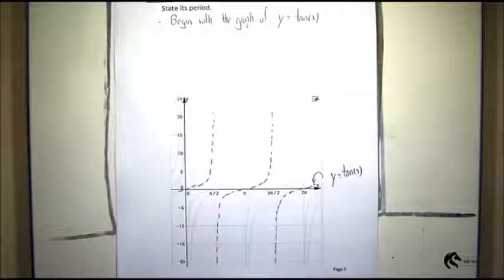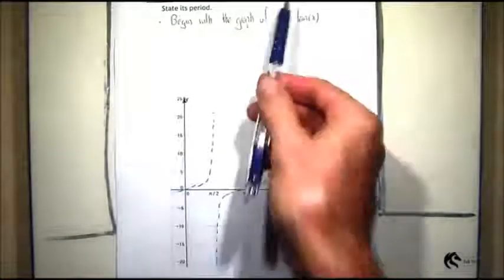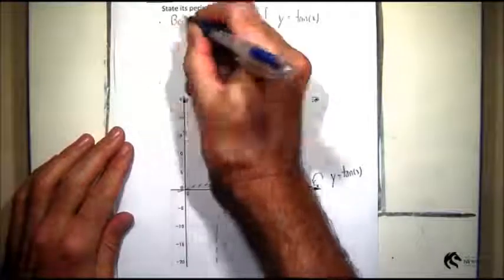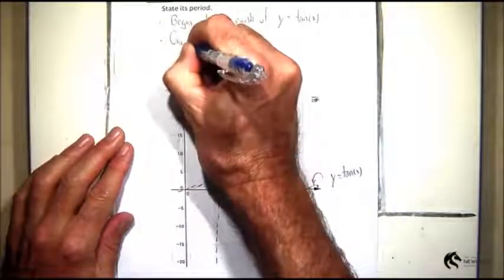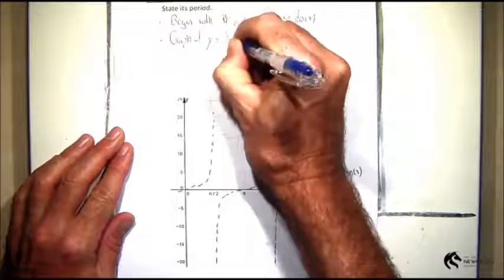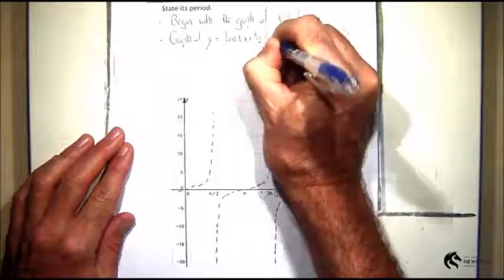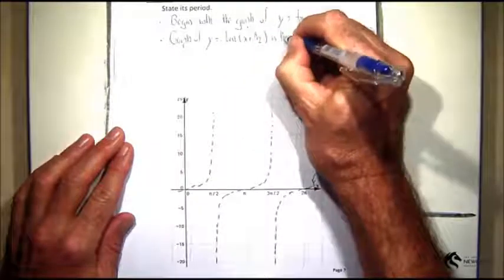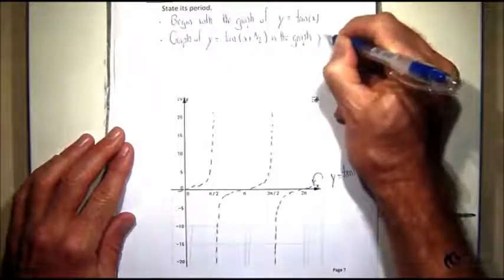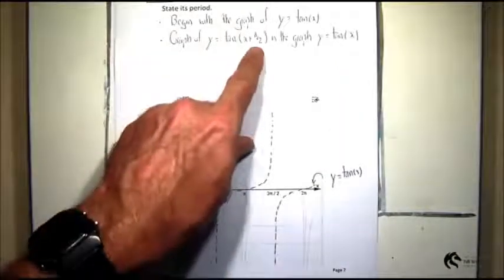So again, it doesn't matter which way you go, whether you deal with the K or whether you deal with the A. I'm going to deal with the K first, but as I say, it doesn't matter. So we have the graph of tan of x plus pi on 2.